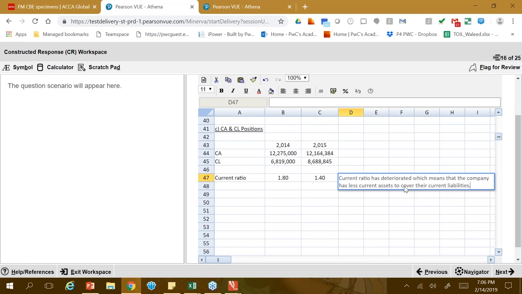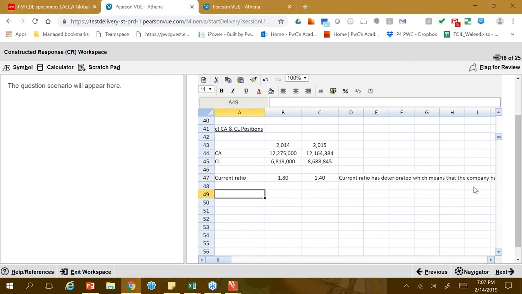So they have less current assets to cover their current liabilities. That is what this ratio means. Yeah, well done. Then at this point, we need to do some further analysis.